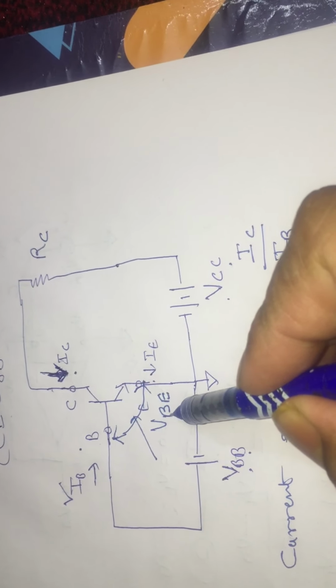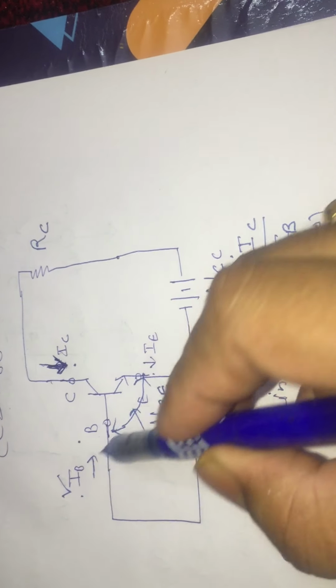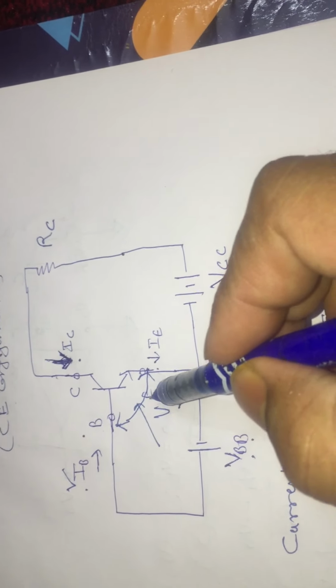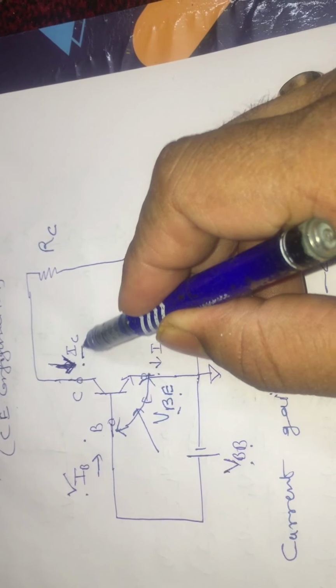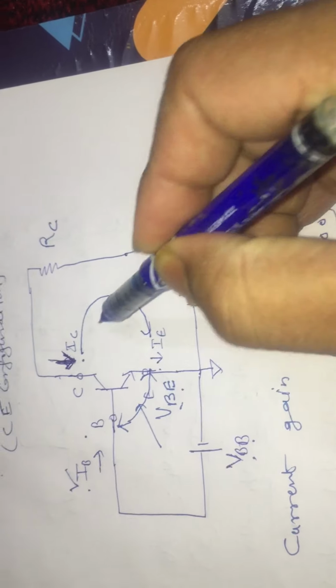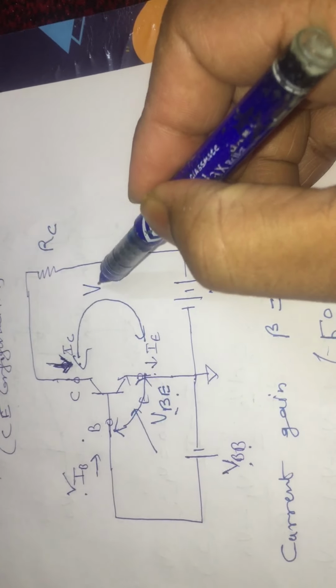So when we have to draw a plot between the base to emitter voltage and the input current IB, this is known as the input characteristic. But the input current will also depend upon the output voltage. What is the output voltage? Output voltage is the voltage between collector and emitter, that is VCE.